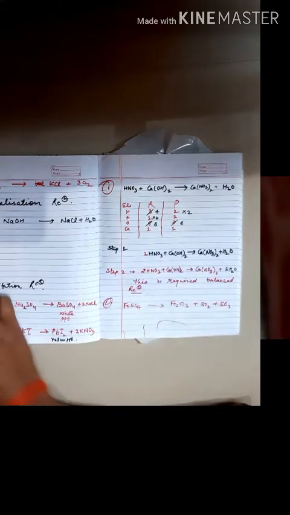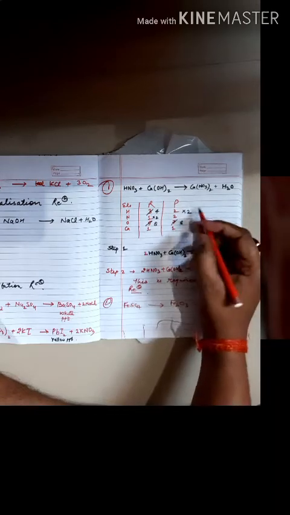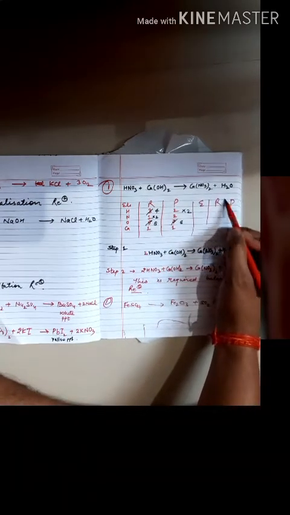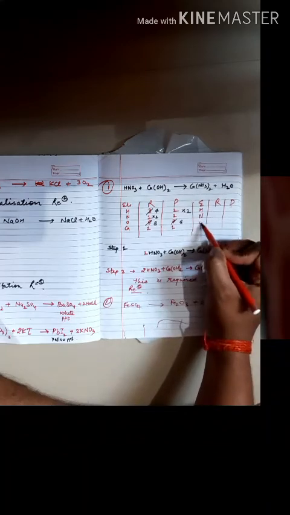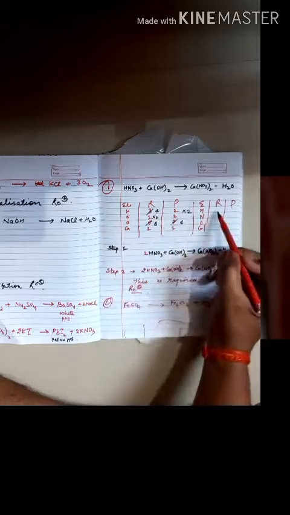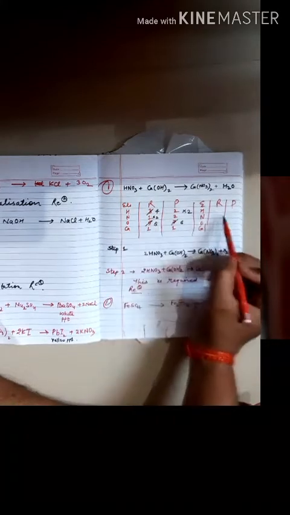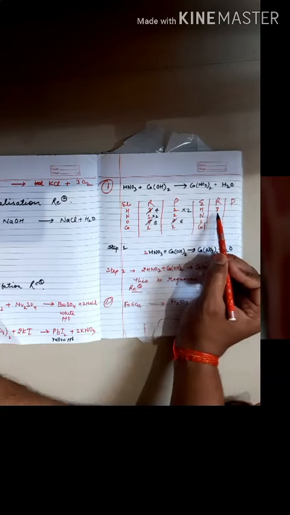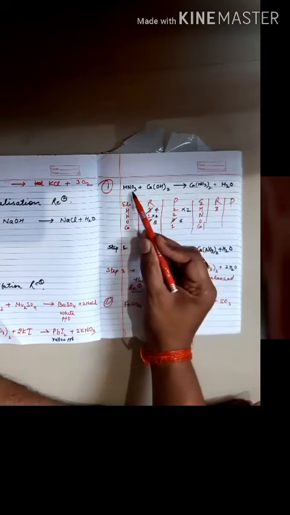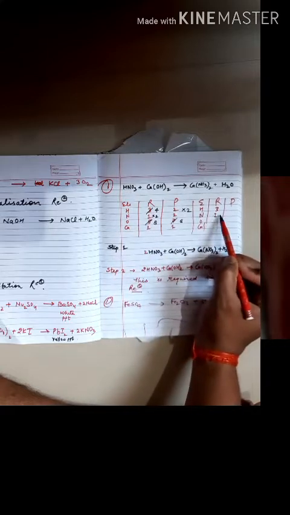Now for your convenience I will make this table again: element, reactants and products. Hydrogen, N, O, Ca. In the reactants there are 3 atoms of hydrogen. Nitrogen is 1.